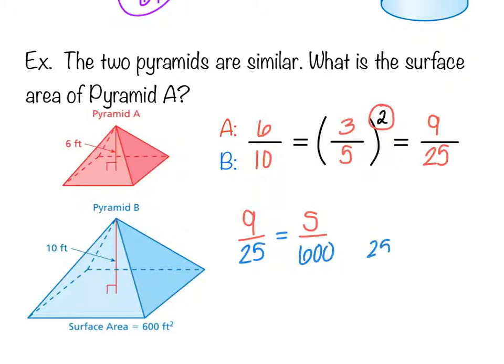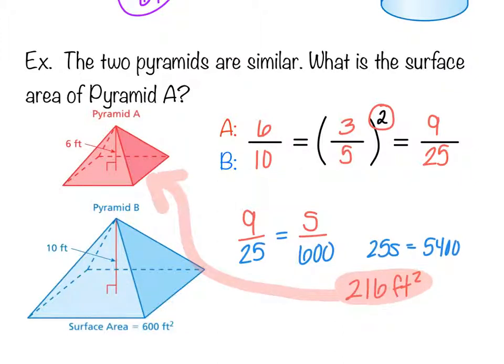So I did 25 times S, I did 9 times 600, I divided and got 216, and that's going to be feet squared. So that is the surface area for the red pyramid there.